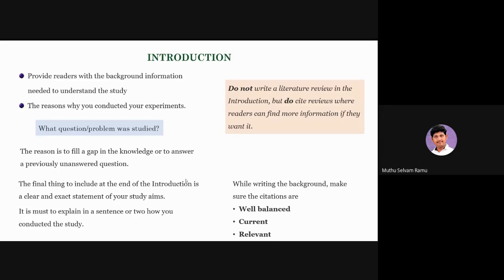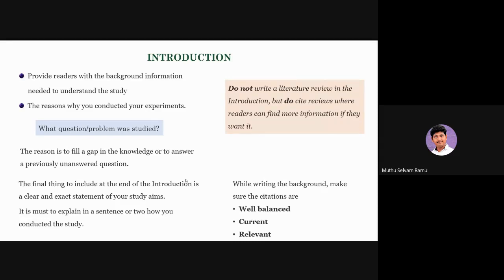One thing we need to keep in mind while drafting the introduction is tagging the references. While writing the background, we should make the citations, and the references should be well balanced for the content of the manuscript and the question, and they should be current and relevant.